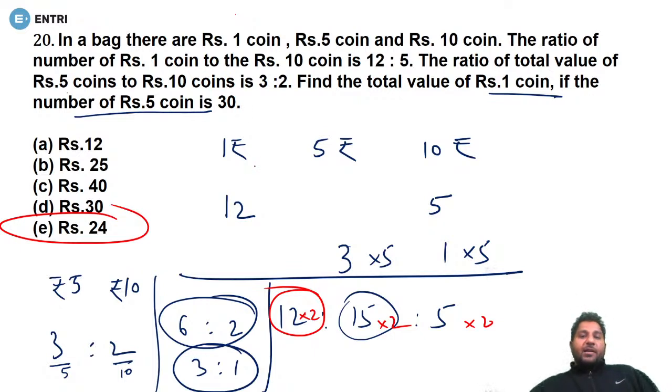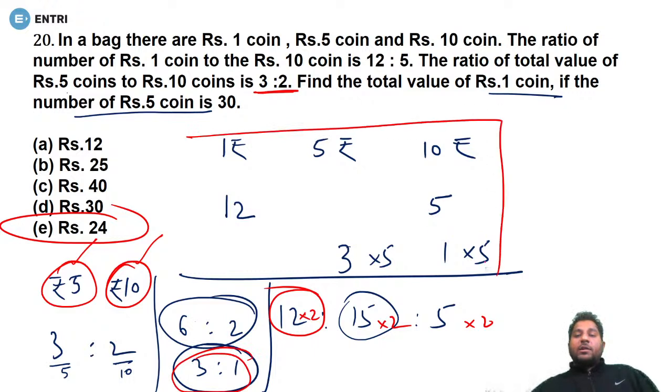Look, the value ratio has been given. So you have to convert it into numbers by dividing it by their weightage value. The weightage value was 5 for the 5 rupee coin and 10 for the 10 rupee coin. So we divide by 5 and 10 to make it the number of coins. Yes, Rani. After making it 3:1, we have to compare it with all the ratios. After comparing, we get the final ratio as 12, 15 and 5 in terms of numbers.